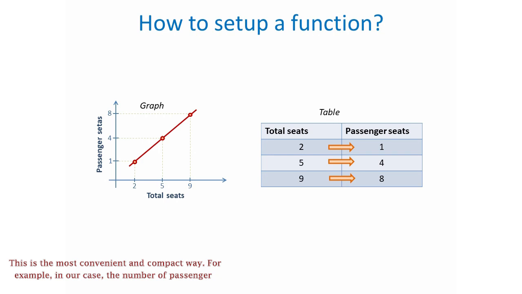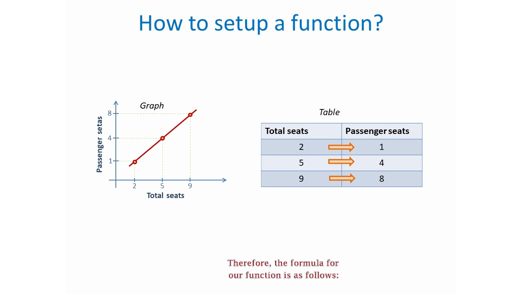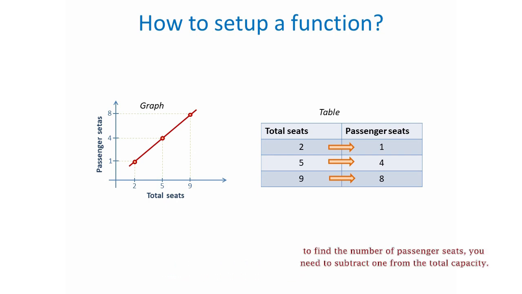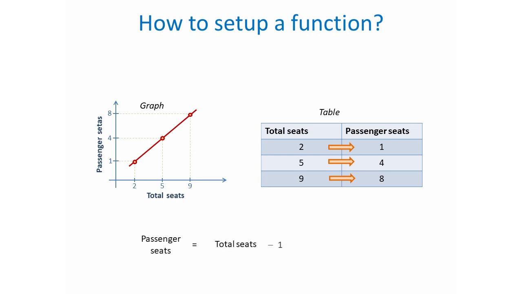For example, in our case, the number of passenger seats is always 1 less than the total capacity of the vehicle. 1 seat is occupied by a driver. Therefore, the formula for our function is as follows. To find the number of passenger seats, you need to subtract 1 from the total capacity.